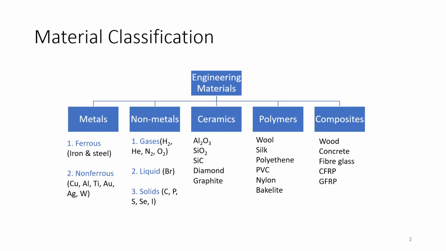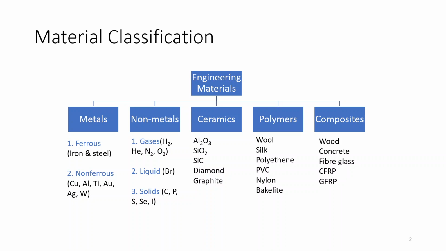These are in molecular forms. Next, you have liquid. Bromine is found in liquid state, and some solids such as carbon, phosphorus, sulfur, selenium, iodine, these are in solid state. Now these metals and non-metals we'll talk about in detail in further slides.